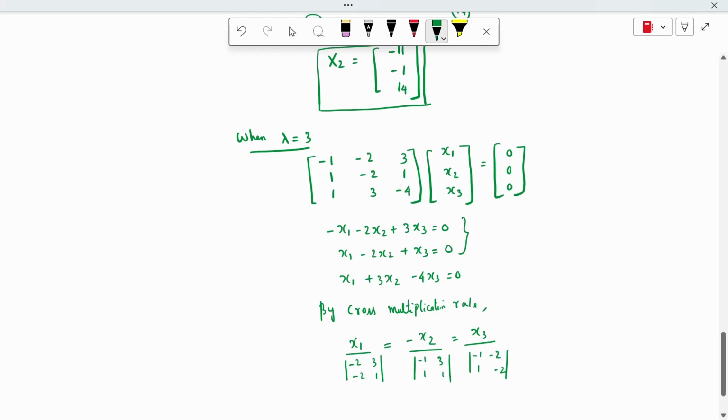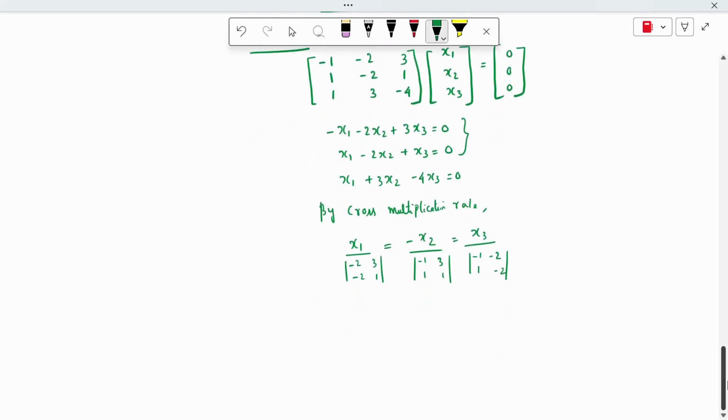When I simplify it, minus 2 plus 6, so 4. In this one, minus 1 minus 3, so minus 4. In this one, 2 plus 2, so 4. So we commonly divide by 4. My third vector will be, check the symbols when you write it, 1, minus minus plus, so here only plus, 1, 1, 1. So my third vector will be 1, 1, 1.